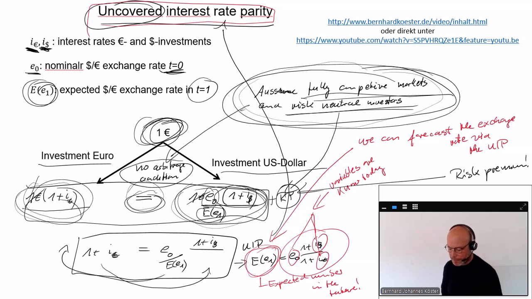Well, and the nice little thing which we get from this model is that we can solve this for the expected exchange rate. The expected exchange rate, a number not known today, depends directly on three numbers known today: the exchange rate today and both interest rates, in the United States and in the euro area.